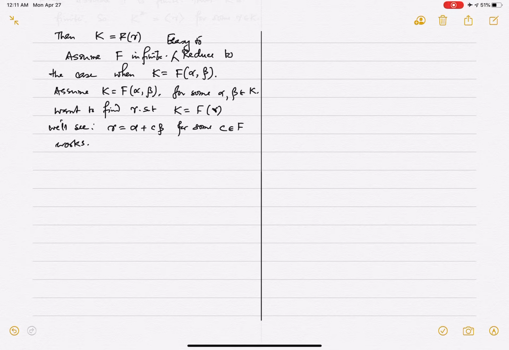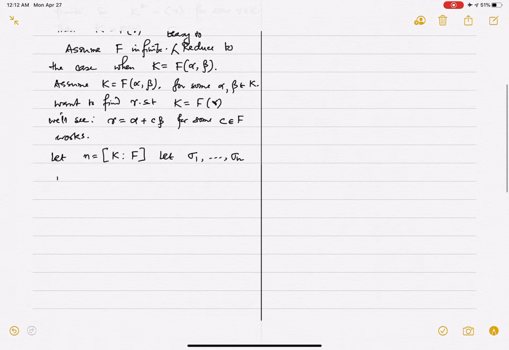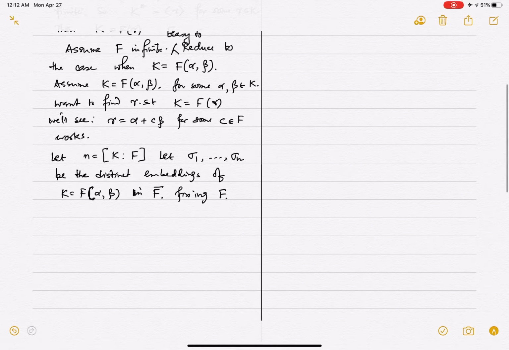So to see this, let's give a name to the degree of the extension and let sigma 1, sigma 2, up to sigma n be the distinct embeddings of this extension in a fixed algebraic closure, fixing F. So I know that the extension is separable, so this degree is also equal to the separable degree.